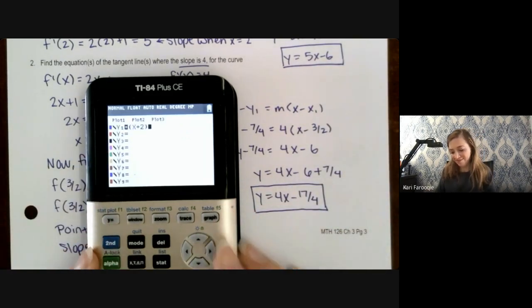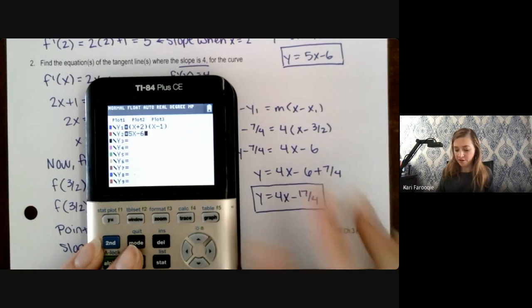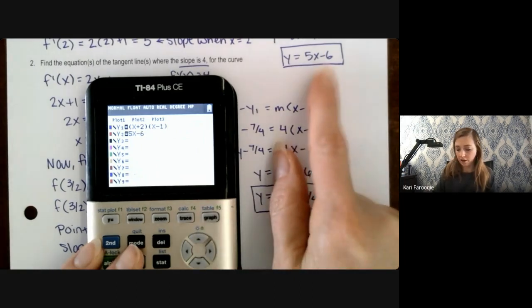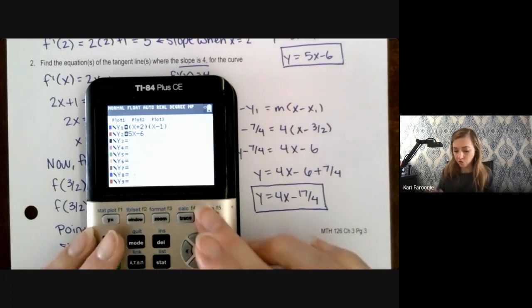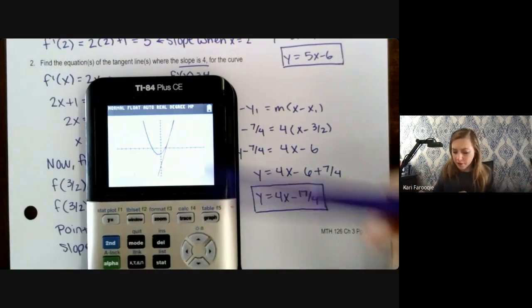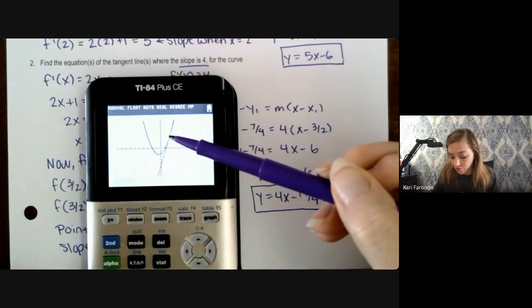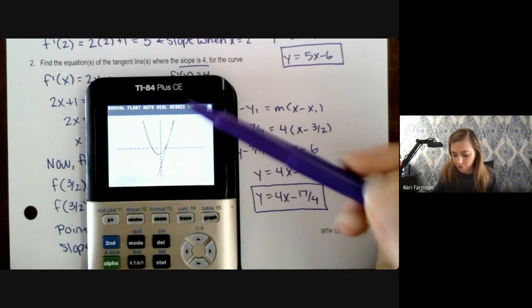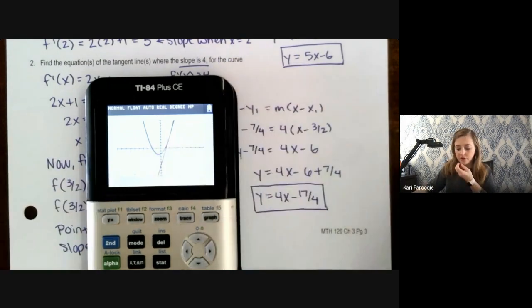I'm going to have to rewrite this. Okay. We'll do that. 5x minus 6. And then you can see that that tangent line is going to be tangent to the graph at the point (2, 4). So here's your graph again. Here comes the tangent line. You can eyeball it, but you can also zoom in if you'd like, but you can see that it does appear to be tangent at (2, 4), so that's good.